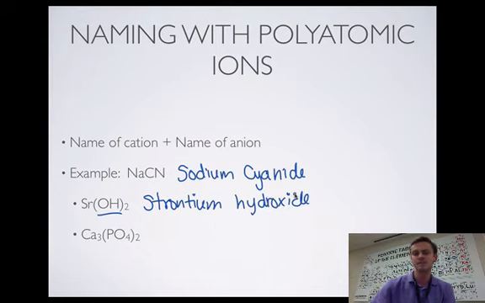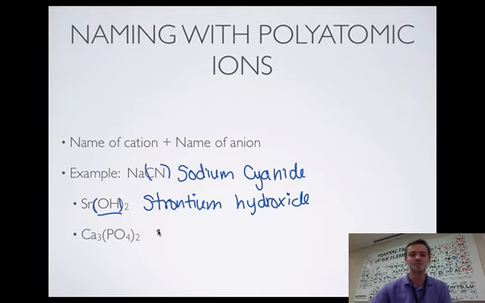One thing to notice here is that I have this in parentheses. Okay, I have it in parentheses because I have 2 of them. So I have two of them in my formula unit here, so I want to make sure to designate it with parentheses. I could put parentheses up here on cyanide, but since there's only one of them, it's really not necessary.